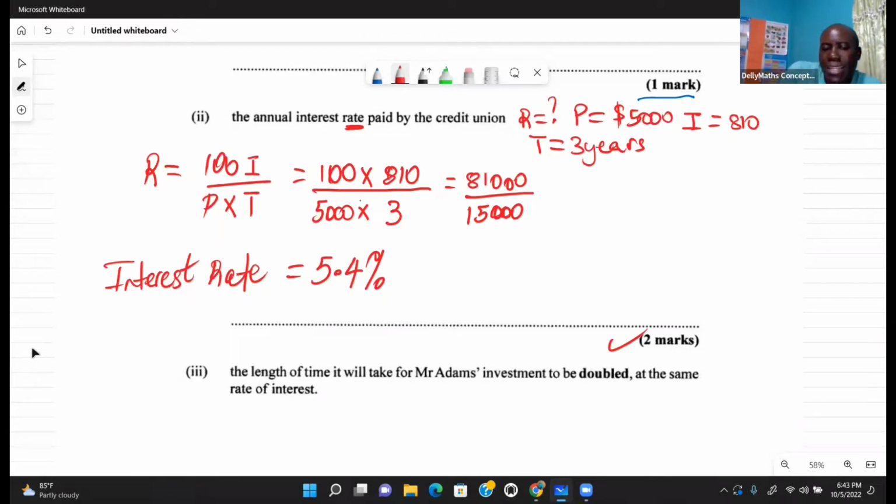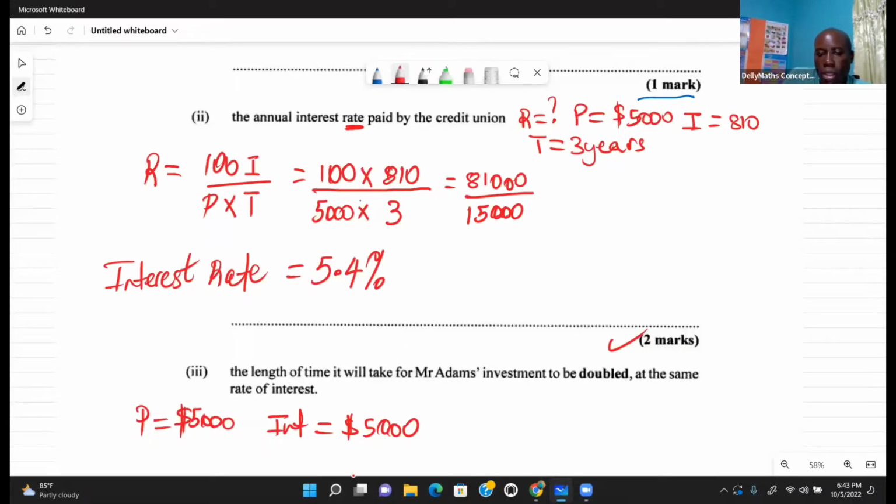Remember, we suggested that if his investment will double, it means that his interest will be like his principal. Because if I started out with $5,000, and we're talking about doubling this, it becomes 10,000. What would have caused the growth? What we call interest. That means with a doubling of that money, the interest would have caught up the principal exactly.